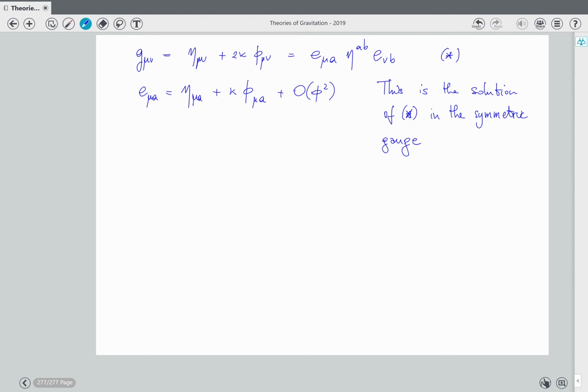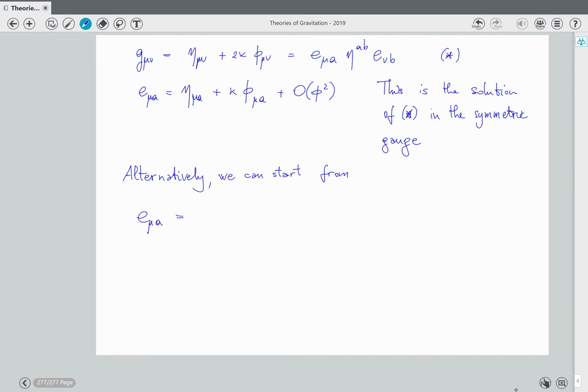But this is the solution of star in the symmetric gauge. Alternatively, we can start from this expansion in flat space too.